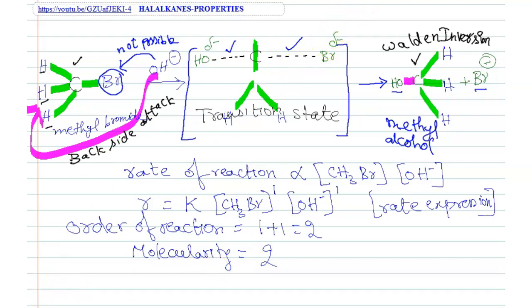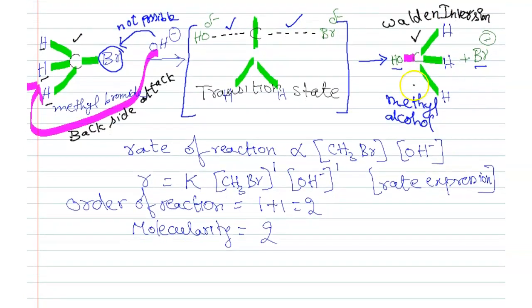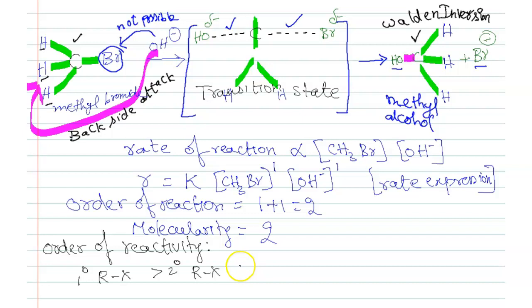The next main important point is the order of reactivity. Very important, students. Many objective questions are possible based on this. Normally the order of reactivity is primary alkyl halide greater than secondary alkyl halide greater than tertiary alkyl halide, greater than allylic, greater than benzylic.